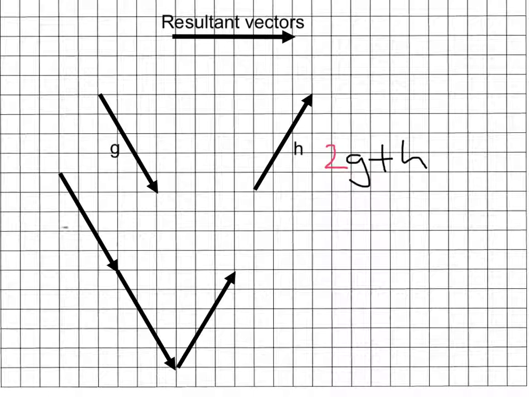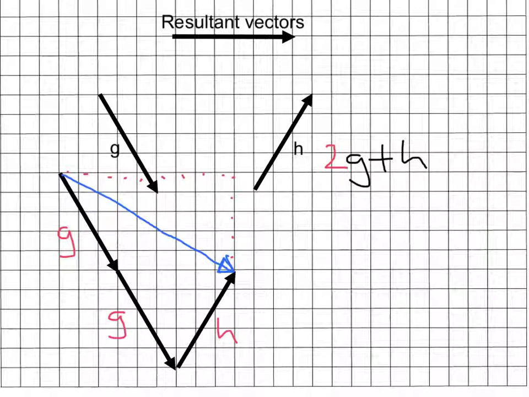So here we've drawn g once, g twice, and h here, and so our resultant vector starts at the start of g and goes in a straight line all the way to h. So we have a line which is 9 squares horizontally, and 5 squares vertically.